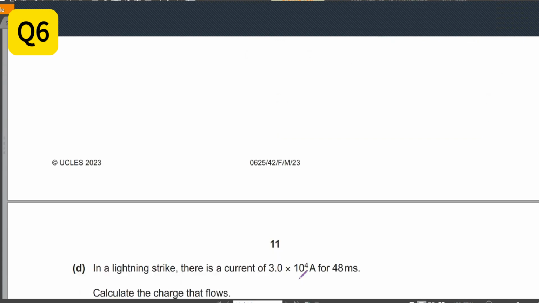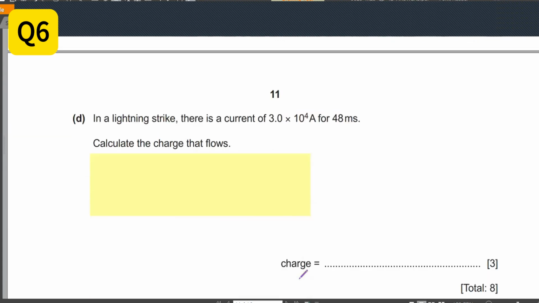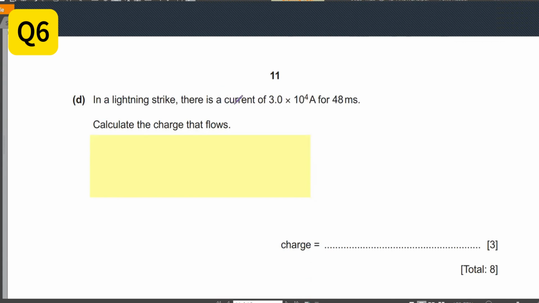Next question. In a lightning strike, there is a current of 3 times 10 to the power of 4 amperes for 48 milliseconds. Calculate the charge that flows.